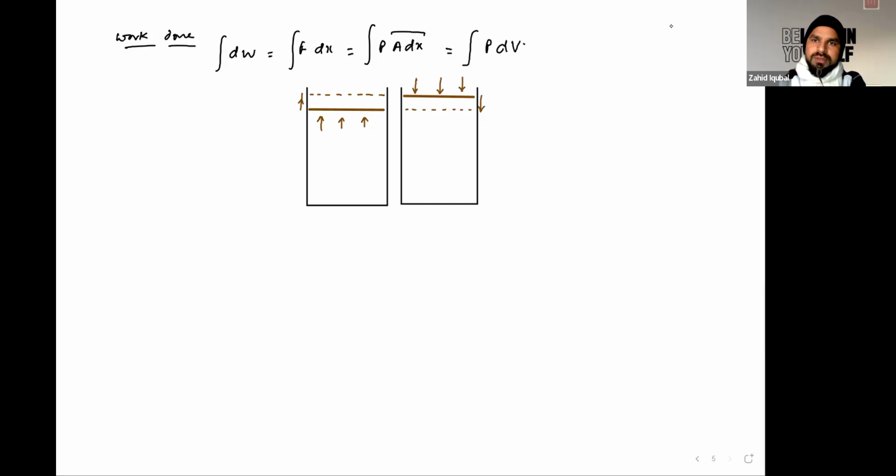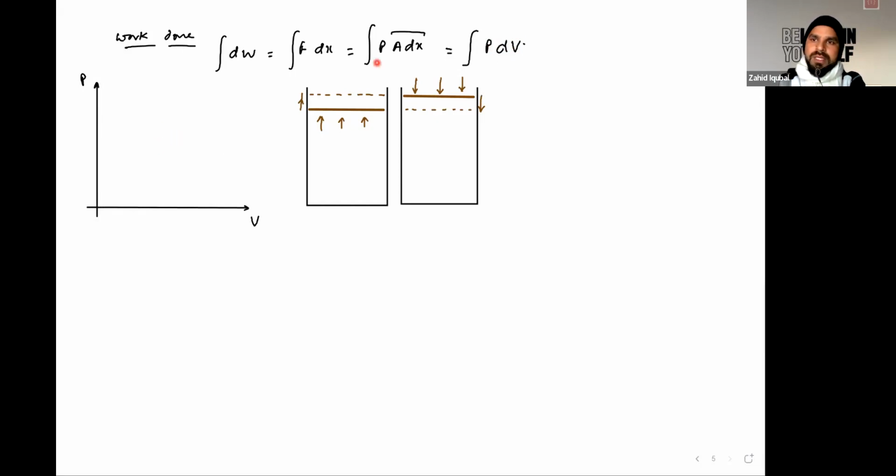Let me define the corresponding variation related to the graph. Let's say this is P and this is V, a pressure versus volume graph. According to this relation, which is nothing but the product of two different quantities, pressure and volume, the product related to the graph will define the area under the graph.